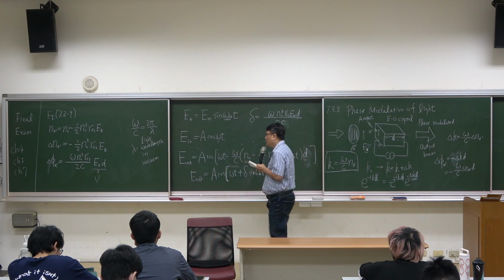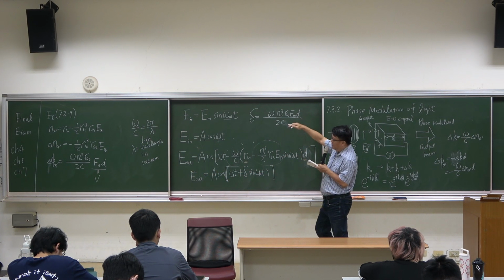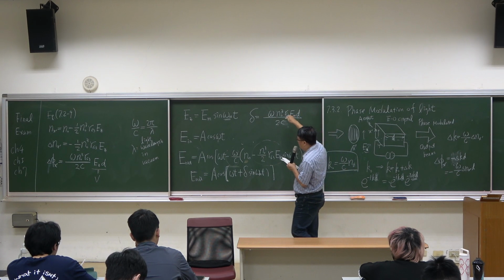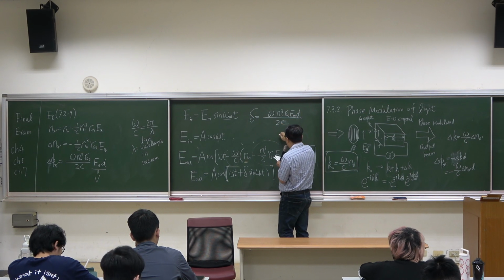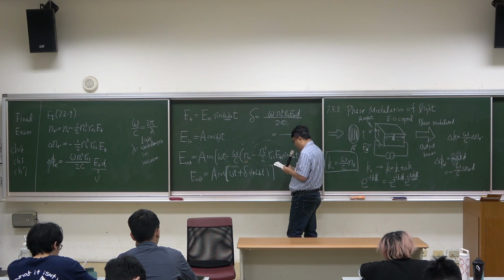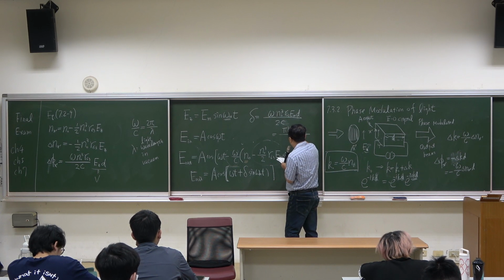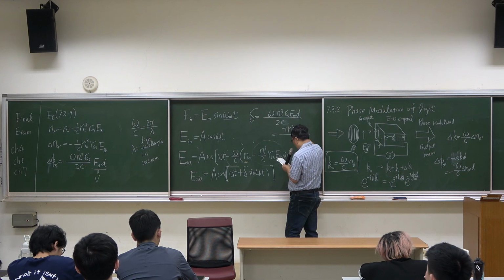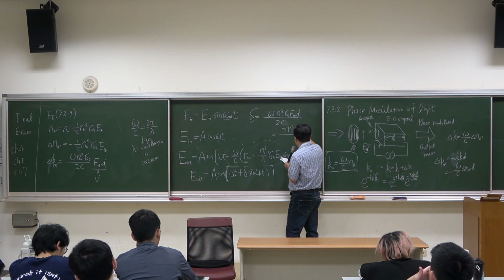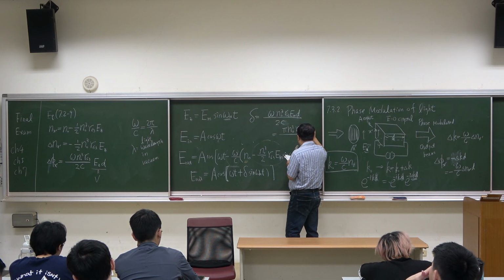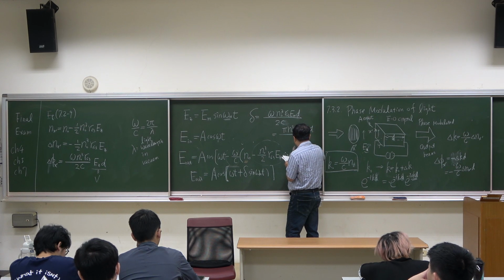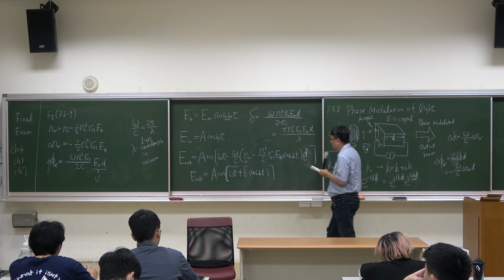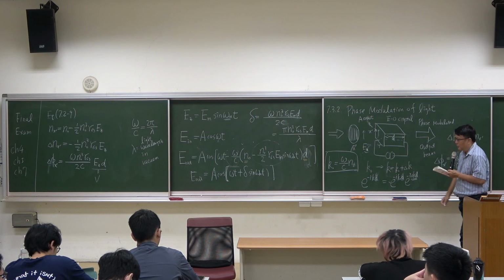So you can substitute omega over C as 2 pi over lambda to get another expression, pi NO cubed R63 times EM times D over lambda. So you will have this delta.